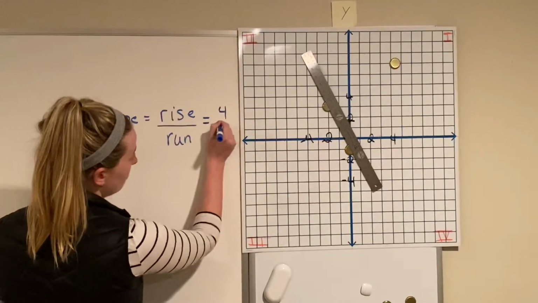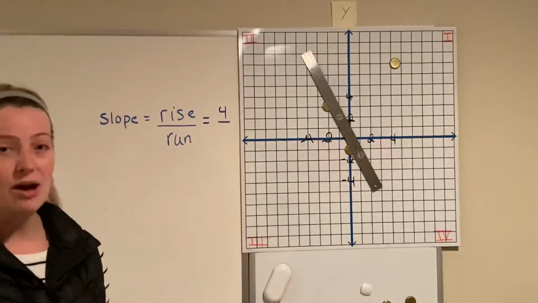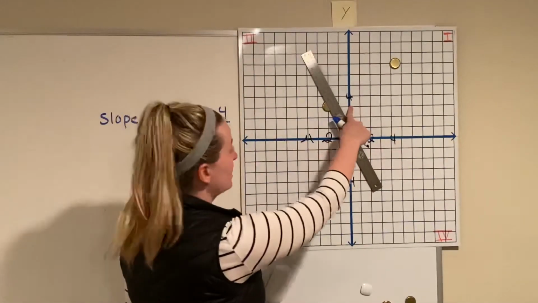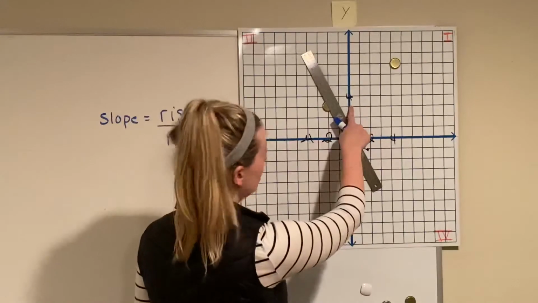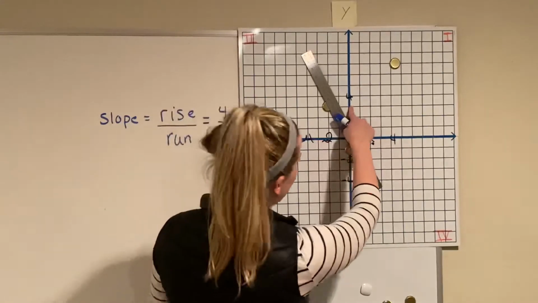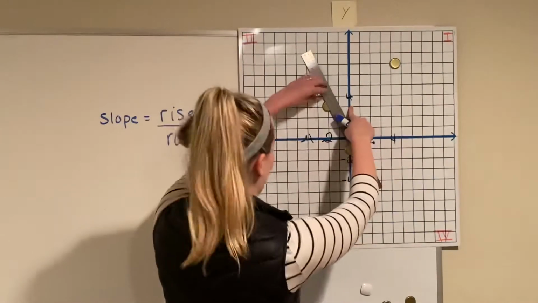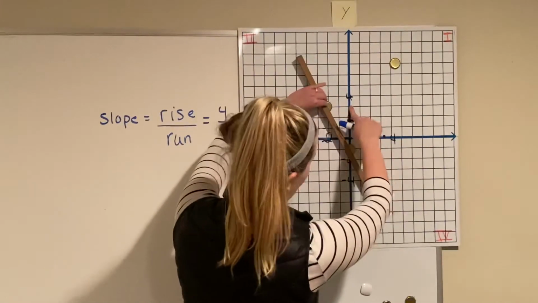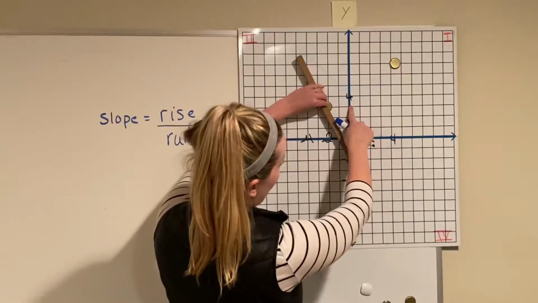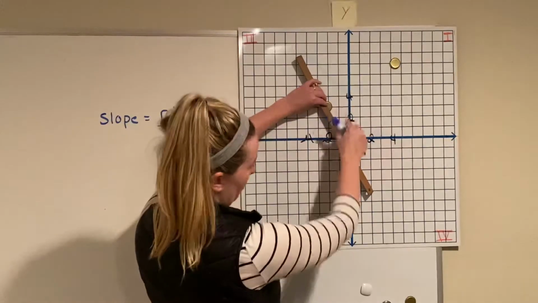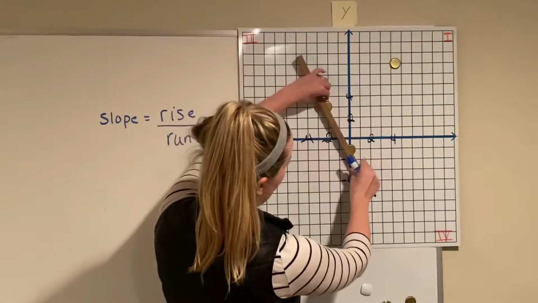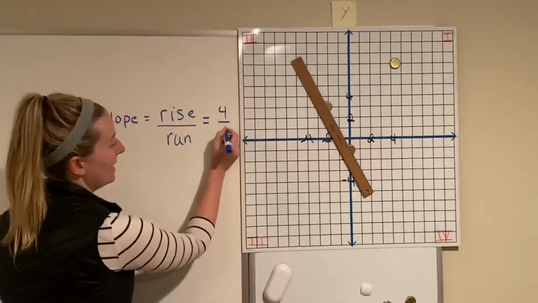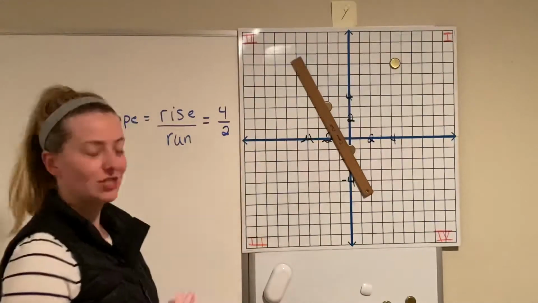So I rose 4. And now that I'm here, I need to say, what was my run? How far did I go to the right or to the left? Well, let's count. It's hard to see where the actual point is because the ruler might be blocking it a little bit. All right, so if I'm right here, how far did I go? 1, 2. I ran twice. But which direction did I run?